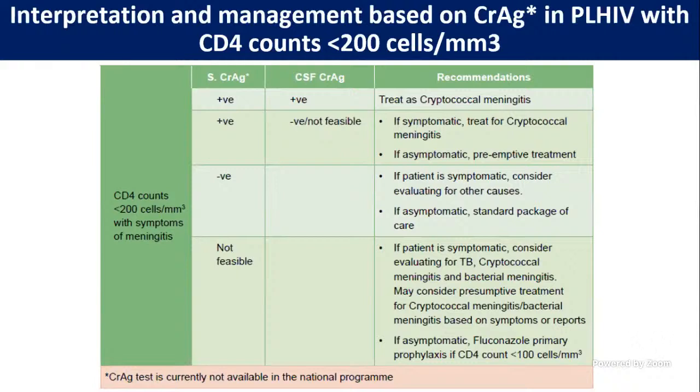And if the patient is asymptomatic, but the CD4 count is less than 100, then we will give fluconazole primary prophylaxis, meaning the patient is treated as primary prophylaxis. All right. I hope this slide is clear. Next.